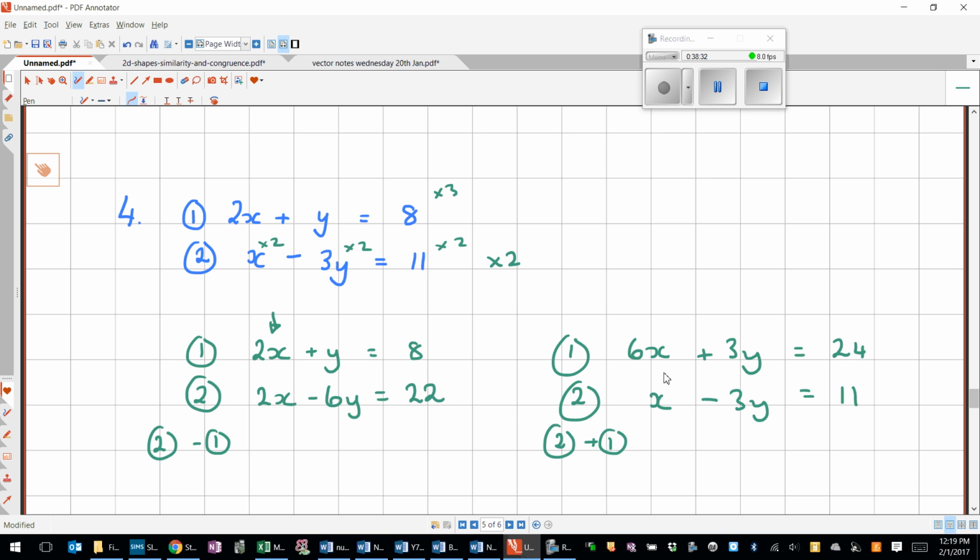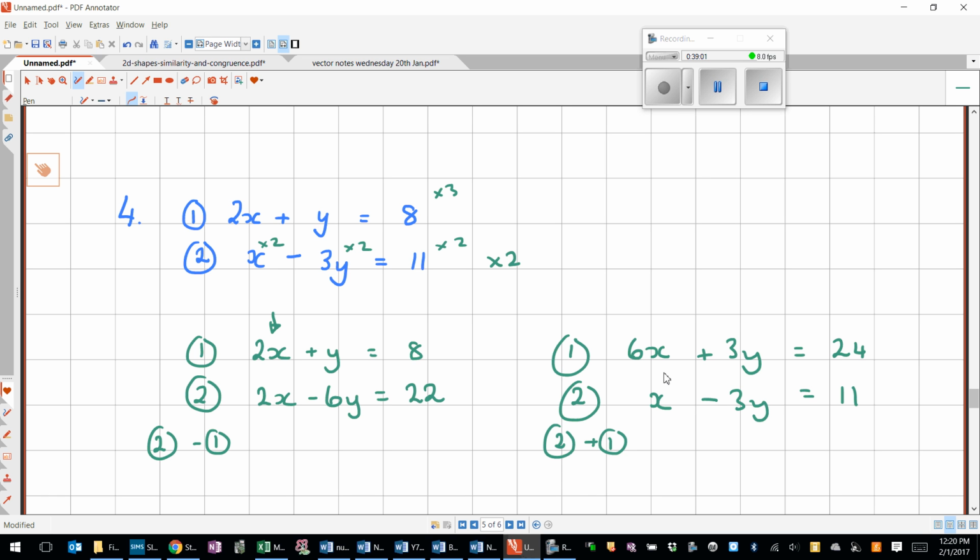If the signs are the same on the one that you're trying to eliminate, you would add them. Always. If the signs are different, you would subtract them. Because if you add two things that are the same, you will get double it. But if you add the opposites, you'll end up with nothing.